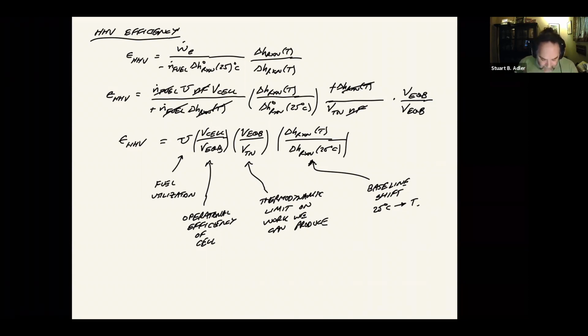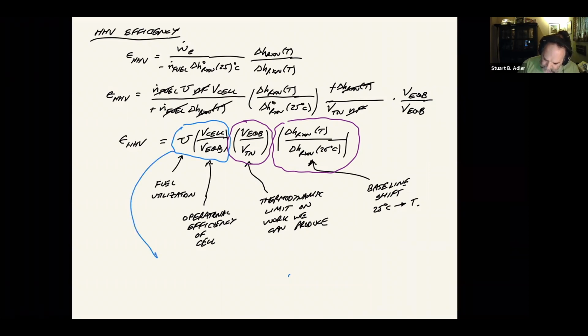So what do we control as engineers? This is the part that I think is important to understand, maybe more than anything. The thermodynamic limit of how much work we can produce versus the fuel value, there's not much we can do about this. Nor can we do much about the baseline shift. It's the other two that we can actually do something about as engineers.